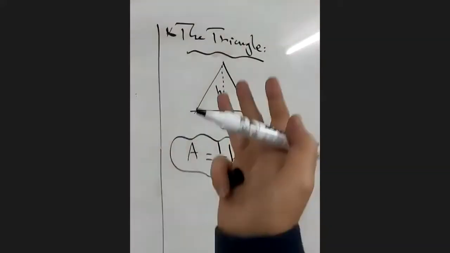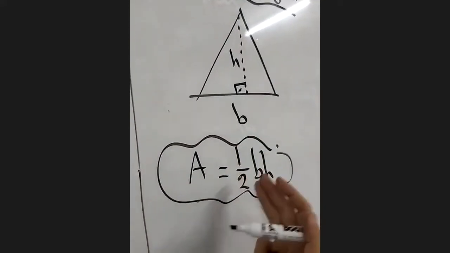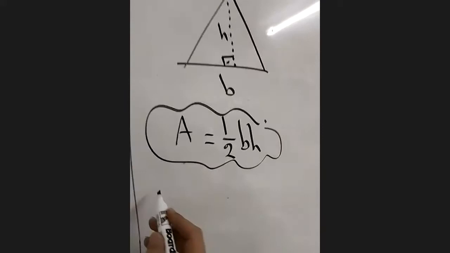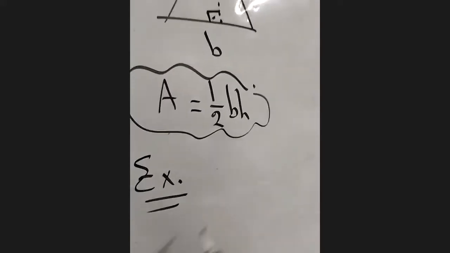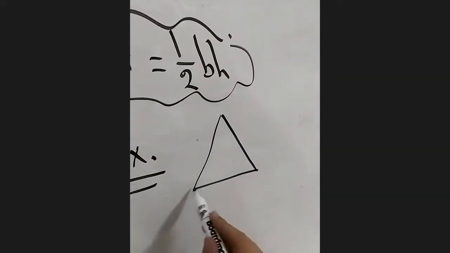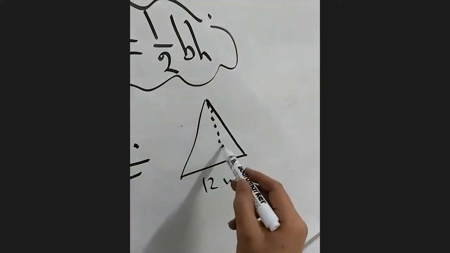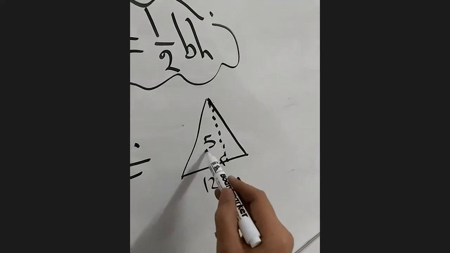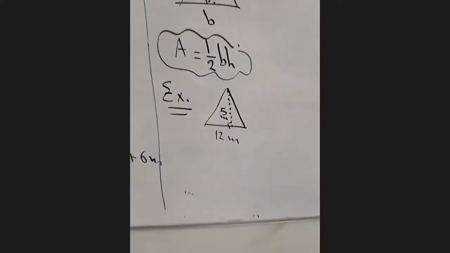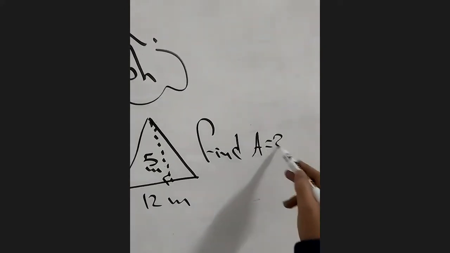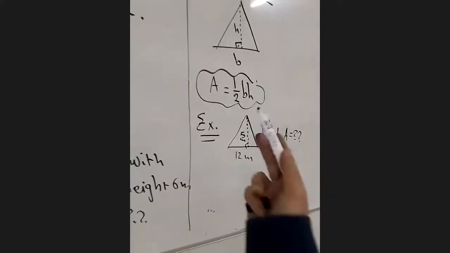So here guys, the triangle A equal half BH. For example, if we have this triangle here with base 12 meter and height, let's say 5 meter. Find the area. So we write the formula.